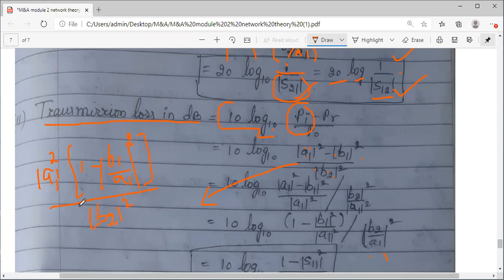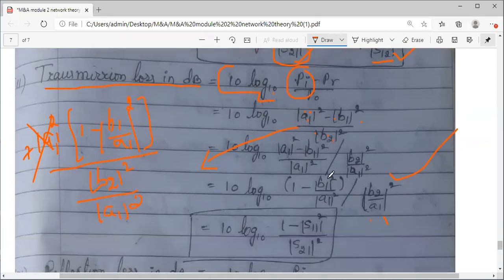In the next step, whatever A1 squared is there, I will take to the denominator of the denominator. Then I will remove this in the next step, so I have written it here: 10 log of 1 minus B1 by A1, magnitude squared, divided by B2 by A1 squared.